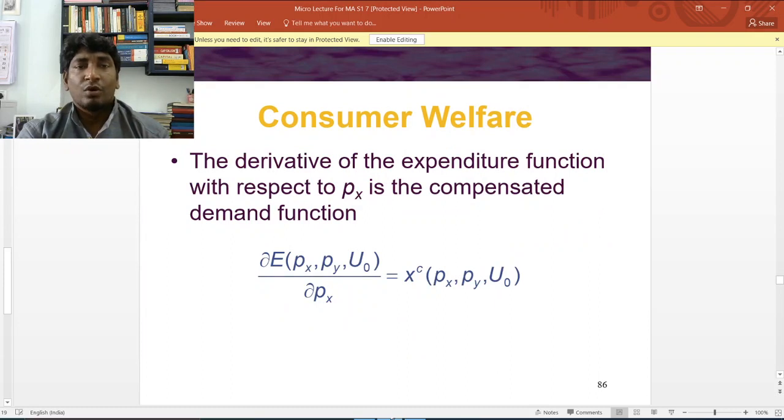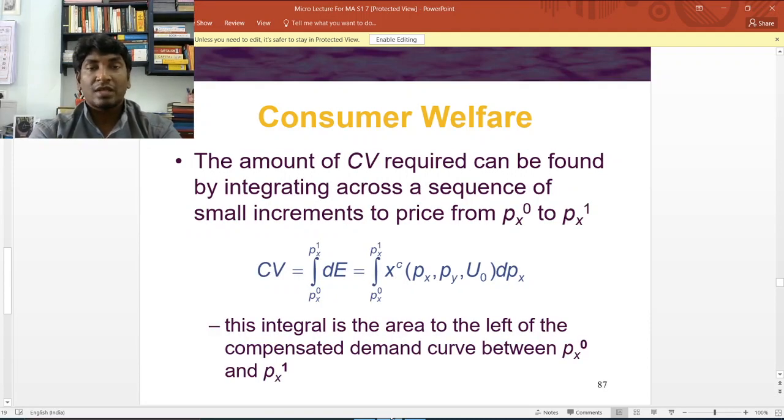The derivative of the expenditure function with respect to the price, that is, the partial of E(Px, Py, U0) with respect to Px, is equal to the compensated demand function Xc(Px, Py, U0). This is what we discussed a while ago.